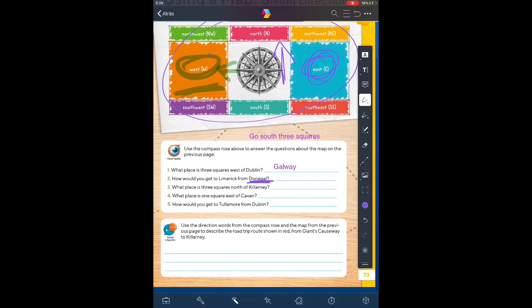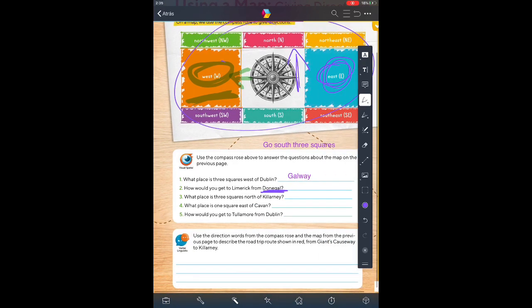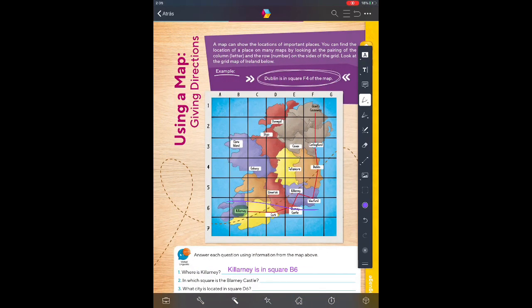And then we go to the bottom part of the page 73, and it says use the direction words from the compass rose and the map from the previous page to describe the road trip route shown in red from Giant's Causeway to Killarney. So what you're going to do is to explain how do we get from here to here.